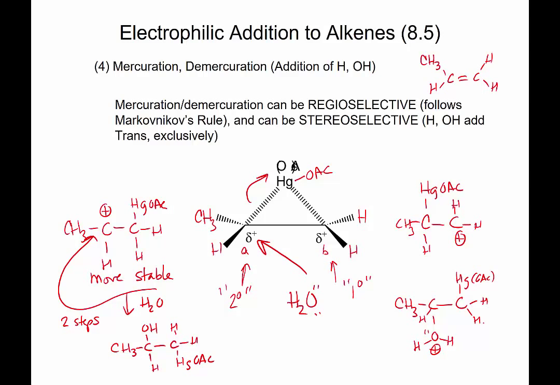Joe? If a carbocation were to form now with the mercury attached to a carbon, would that be considered a primary or secondary? Well, the problem there is that it's going to be really difficult to form a plus charge on that carbon with the mercury attached, but it's primary because it only has one other carbon attached. So our rules are still primary, secondary, tertiary are dependent only on carbon. But to put a plus charge there would be really difficult.